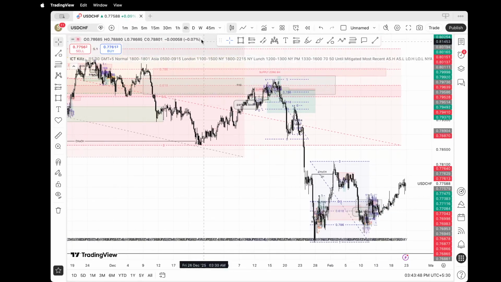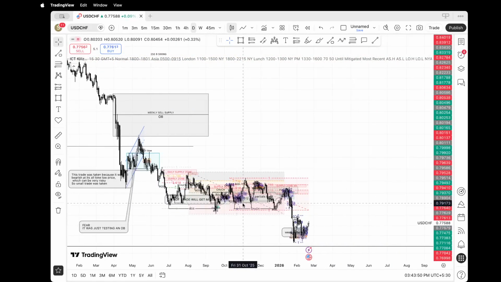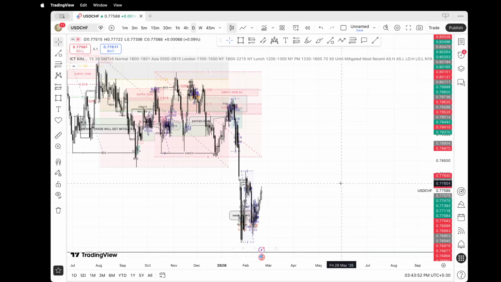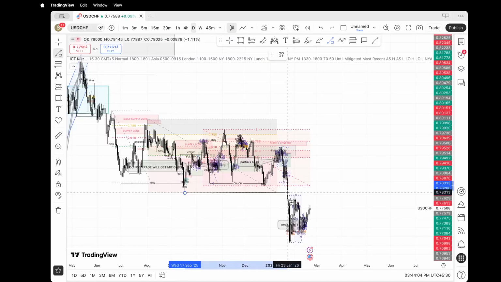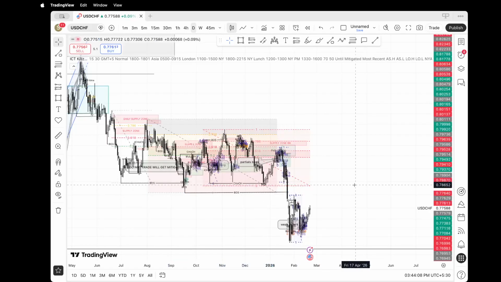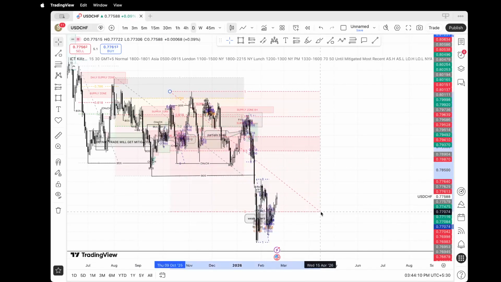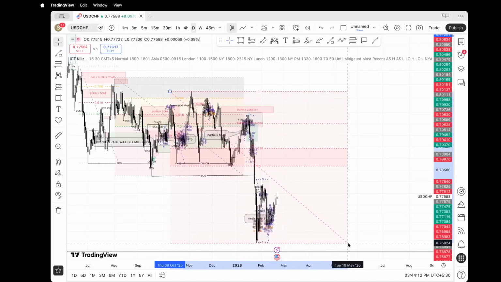Okay, so if you see the overall trend, it is completely bearish, but here it gave a break of structure, then it gave a break of structure again here, and again here, and this will be the right zone.